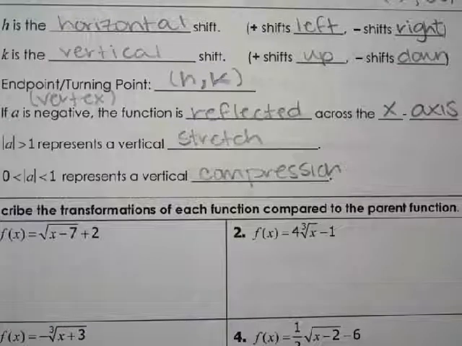We do it for absolute value. We do quadratics again. We have a unit where we do it for multiple parent functions. So we review square root, cube root. We do exponential, logarithmic, rational, trigonometric.